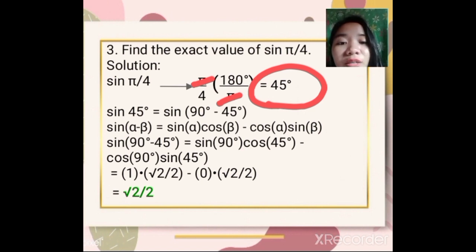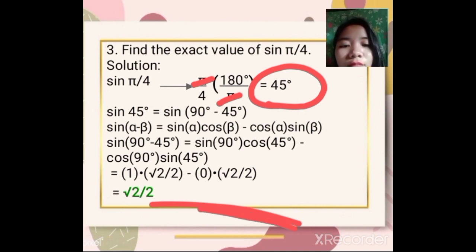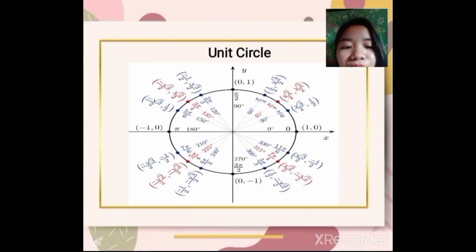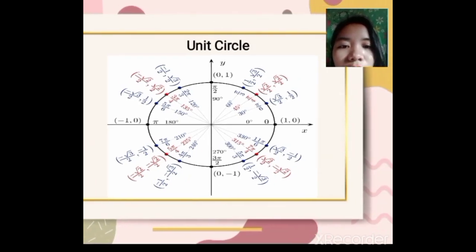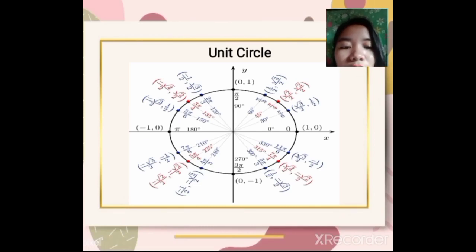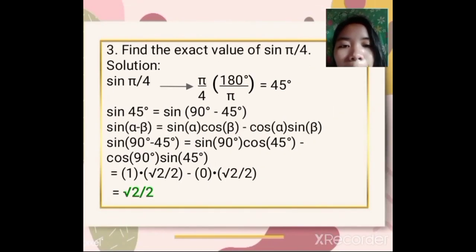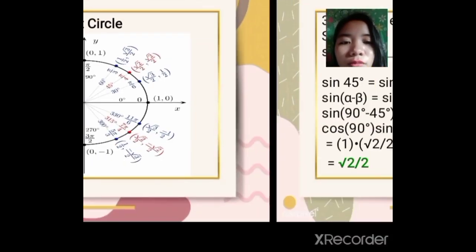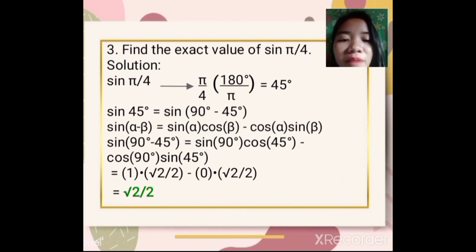So the value of sine 90 degrees is 1. Then the cos 45 is square root of 2 over 2, minus the cos of 90 degrees, we have 0. So we have 0 times square root of 2 over 2.